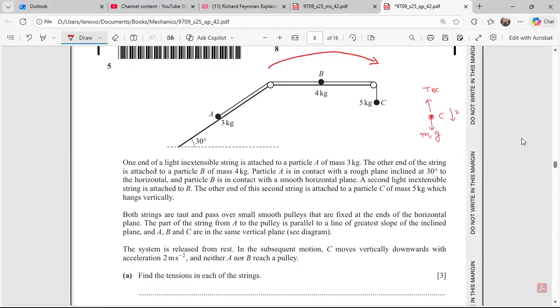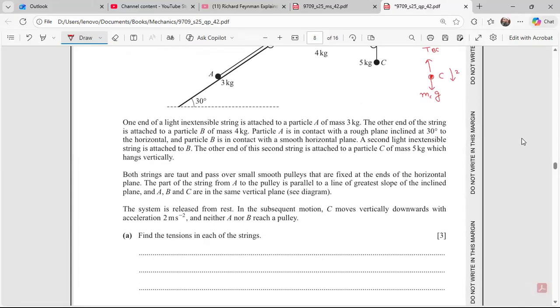If I analyze the condition of C, you can imagine that MCG minus TBC is equal to MC into A. Does it make sense? The net force on the object C is whatever I wrote on the left side of the equation, and that force is equal to mass times acceleration.